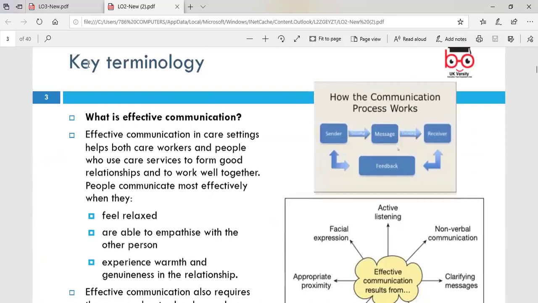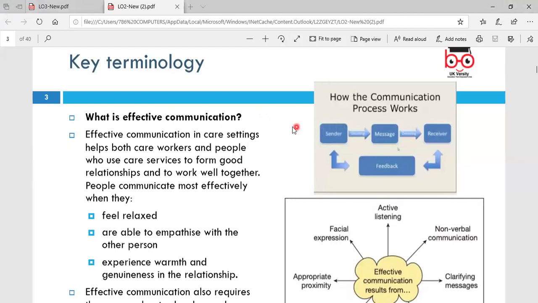So the key terminology today is what is effective communication. As you can see in this figure, if communication is a two-way process, it's always more effective, and there are several factors impacting this communication. I'll just put my annotation on.